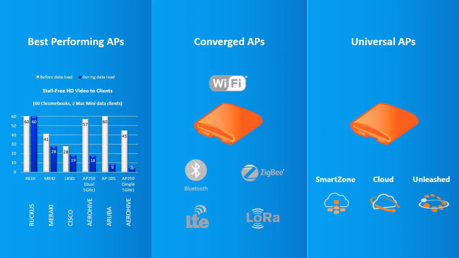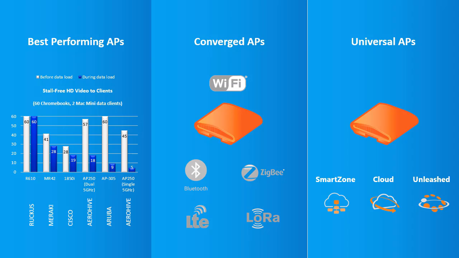What differentiates our APs is performance, convergence, and manageability across platforms. Ruckus has the best performing APs in the market. We've innovated around our performance by making our APs truly converged. We don't just have Wi-Fi, but also IoT radios inside our APs, such as support for BLE, Zigbee, and other wireless mediums that come on the horizon.